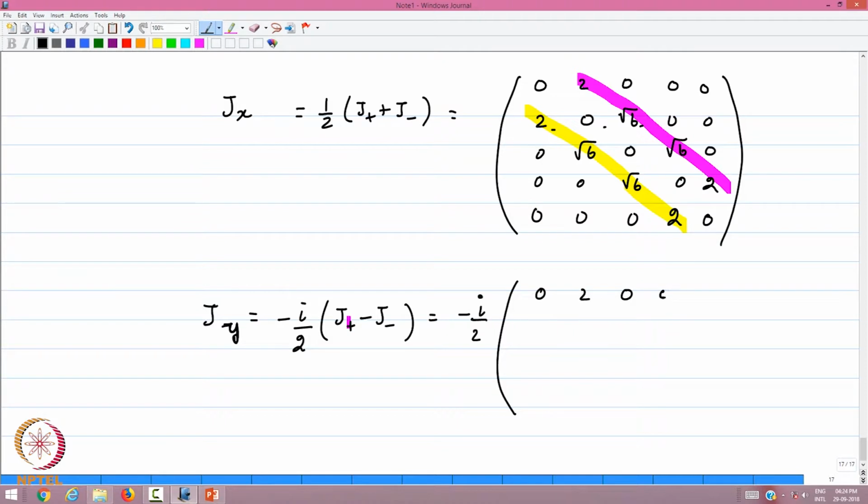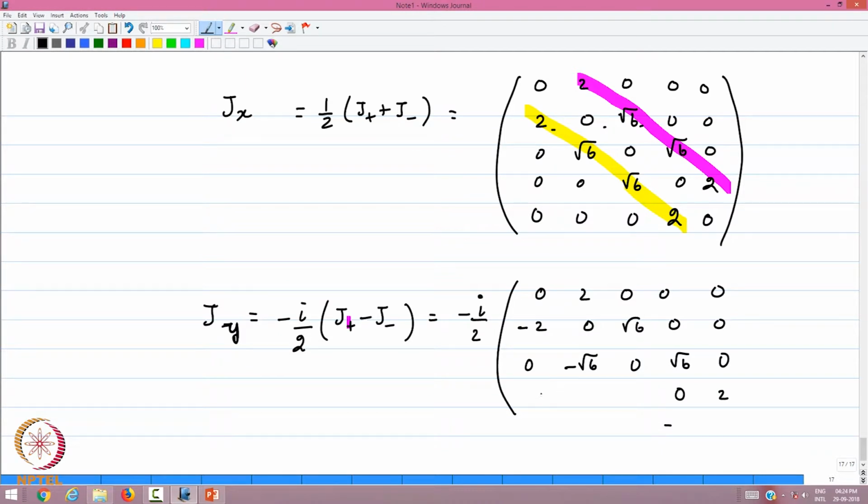2 0 0 0, minus 2, 0 root 6 0 0, and then you have minus root 6 0 root 6 0, because all of this is j plus, and then there is a minus 2 here.